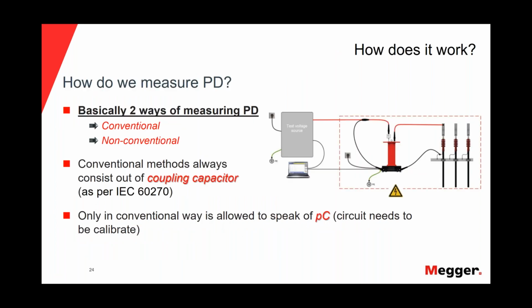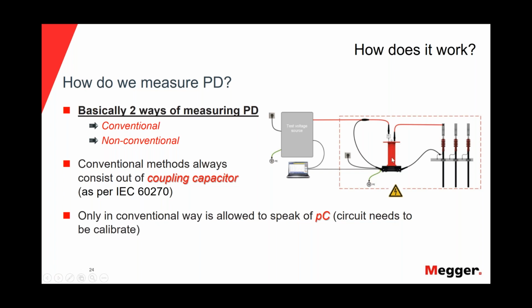So how does partial discharge work? As I mentioned, we have two ways to measure partial discharge: the conventional way and the non-conventional way. In the conventional way, we need to connect in the circuit between the power source and the cable under test a coupling capacitor.